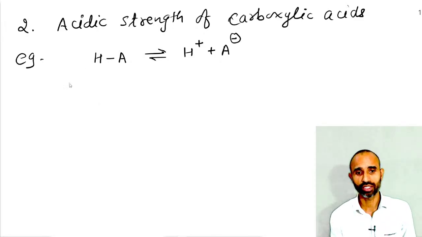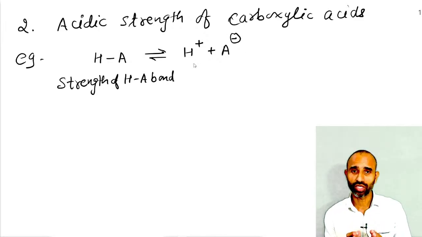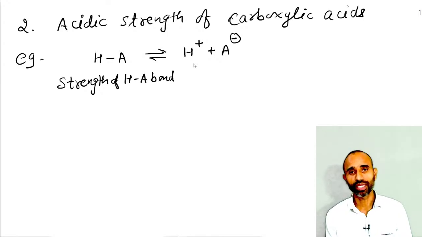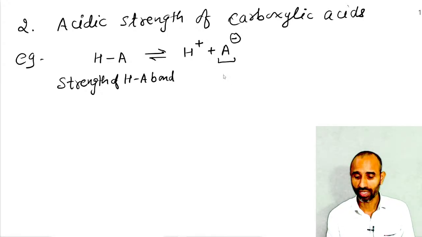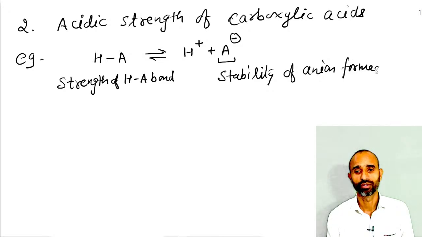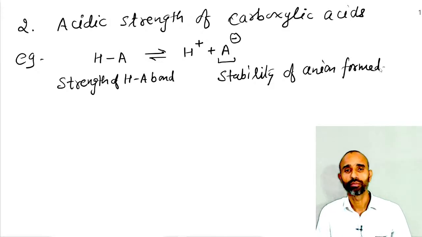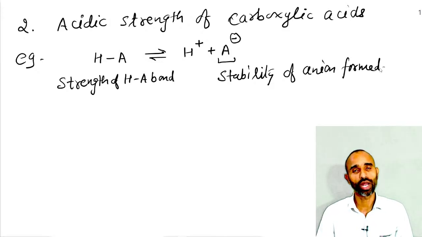First factor is the strength of the HA bond, and second, when the HA bond breaks, after breaking we get this anion. So the second factor is the stability of the anion formed. If a more stable anion is formed, it is more acidic.